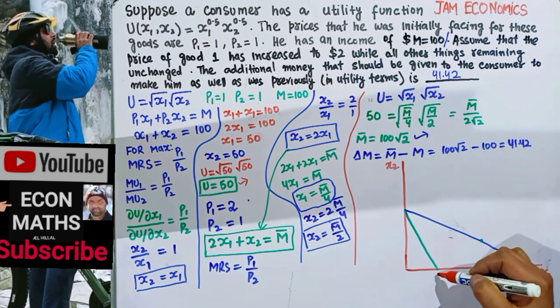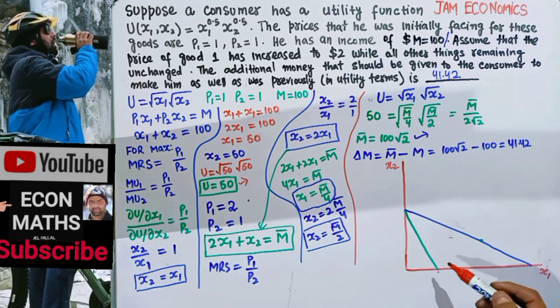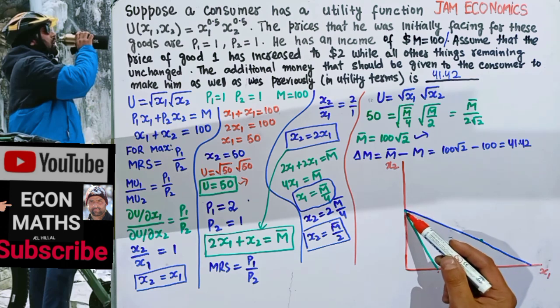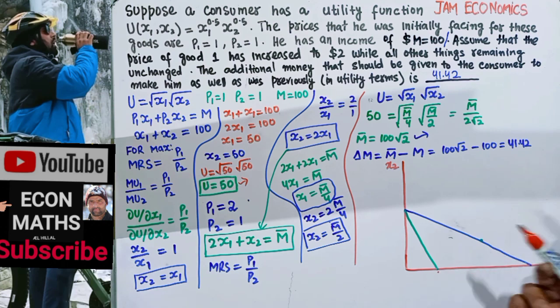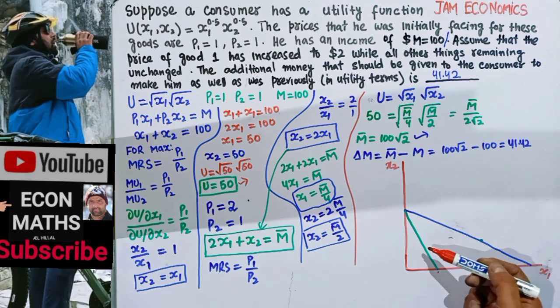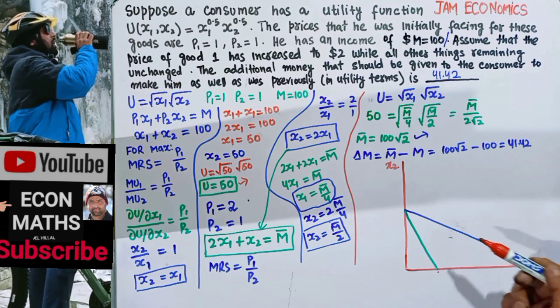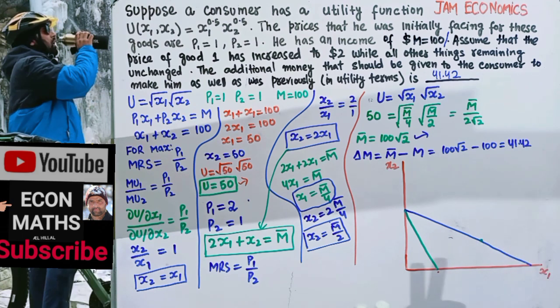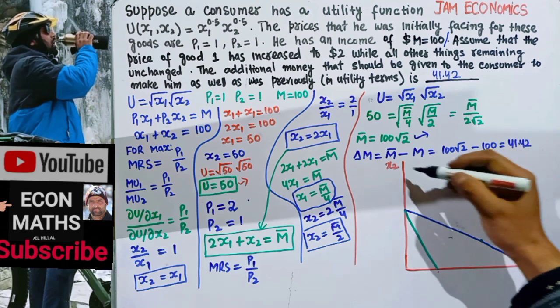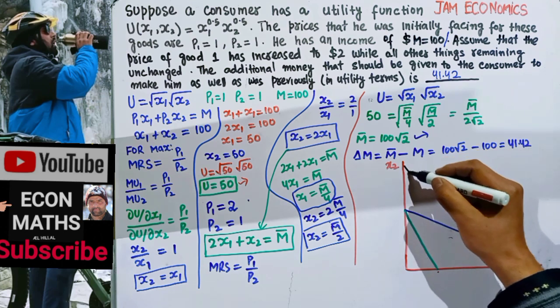budget line. Okay, so the consumer has this very budget line here, which will also have a tangency condition, and we have nothing to do with that. To make him as well off as he was earlier, we shift this budget line towards the right in parallel. Okay, let us say this is the parallel shift of the budget line.